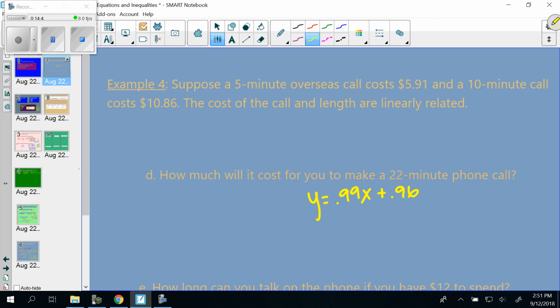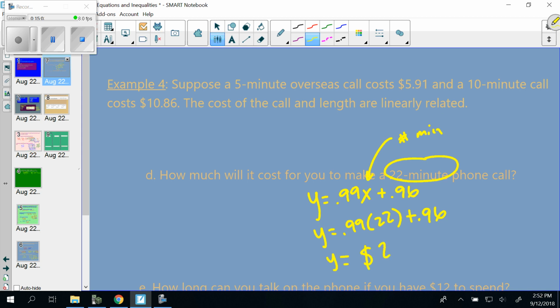Remember our x is our independent variable, which is the number of minutes. So if we know that it's a 22-minute phone call, all you got to do is substitute in 22 for x, and you can figure that out. And if you use your calculator, this should be pretty easy. Comes out to be that it's going to cost $22.74.